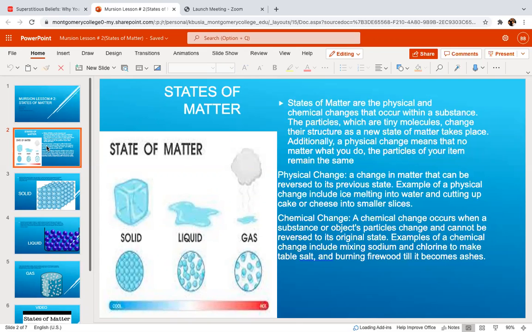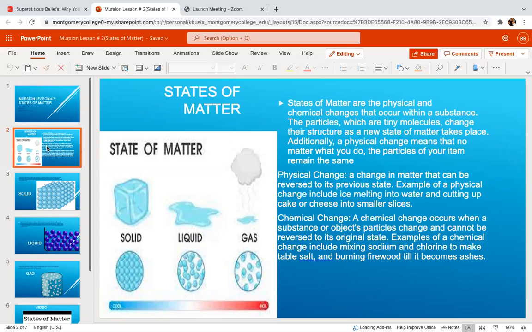There are two kinds of changes: a physical change and a chemical change. A physical change is something that can be reversed to its previous state, meaning you can take something and turn it into a new form of it, and then you can change it back to the old form.